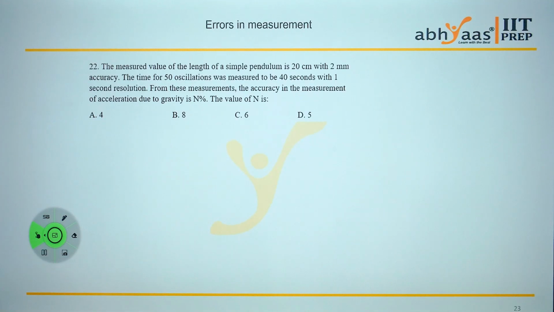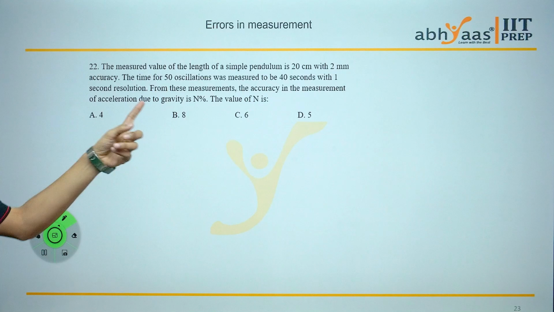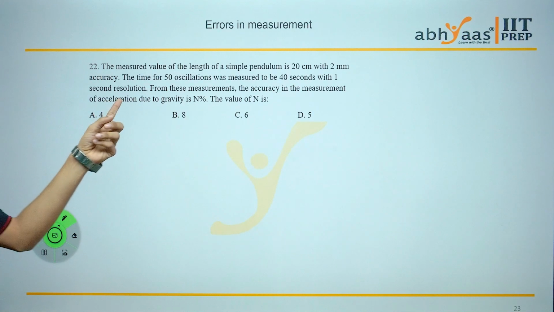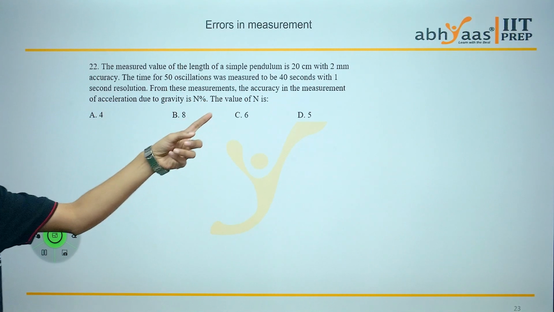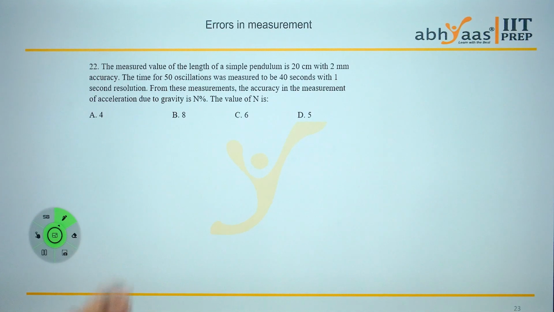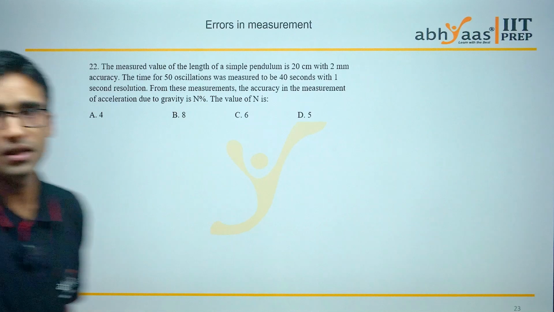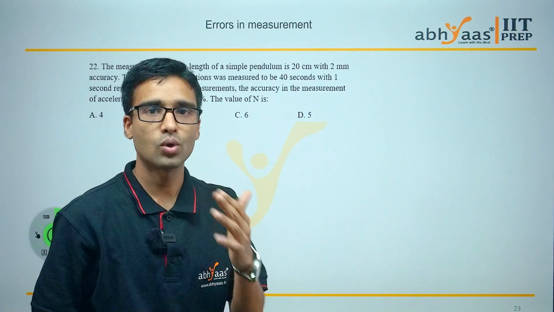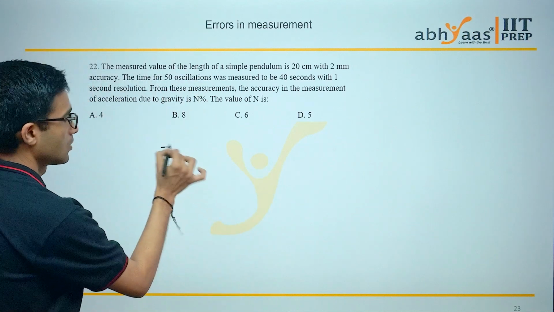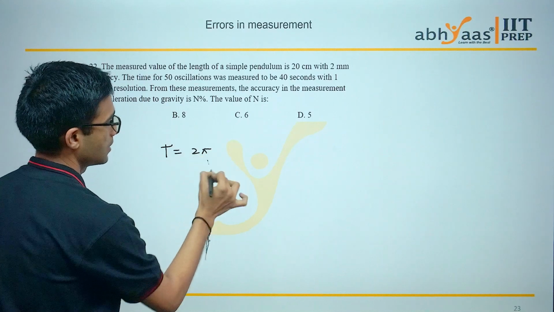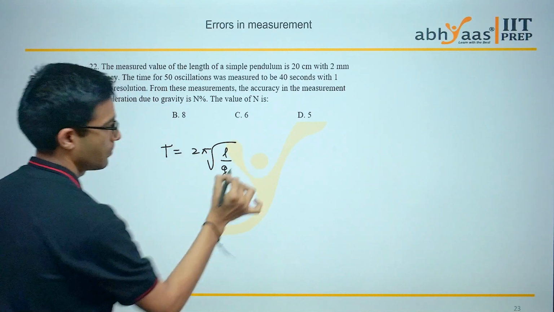Now going to the next one. Here the measured length of the simple pendulum is given as 20 centimeters with 2 mm accuracy. The time for 50 oscillations is given. From these measurements, we need the accuracy in the measurement of acceleration due to gravity. Whenever time period is given, T is equal to 2 pi root L by g, the time period of a simple pendulum.